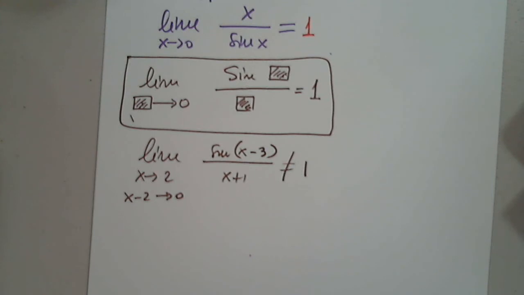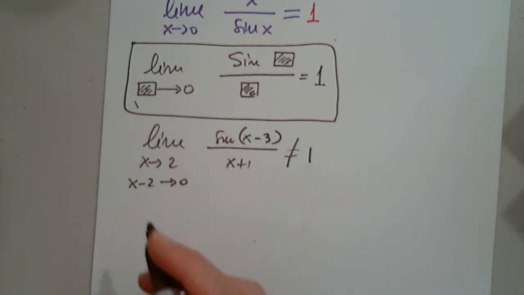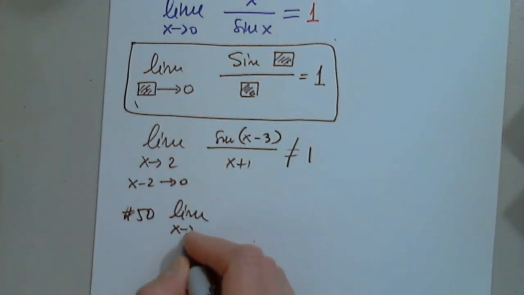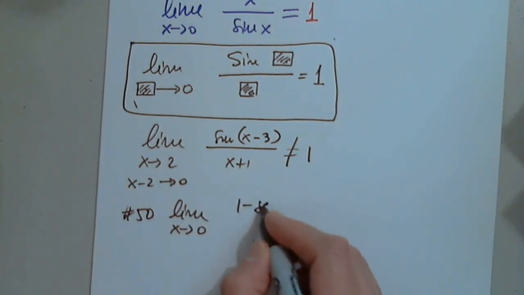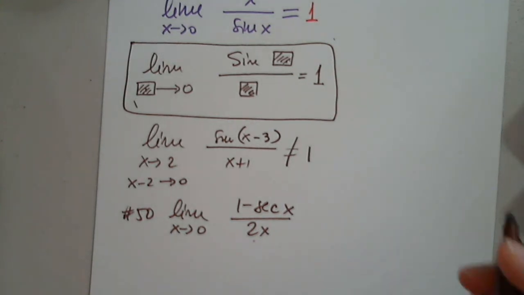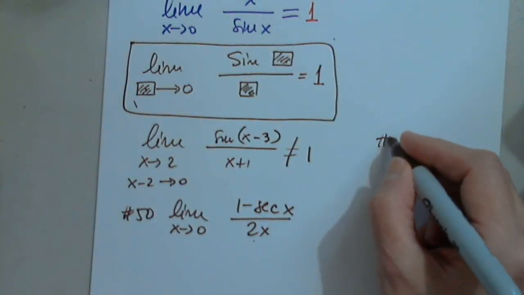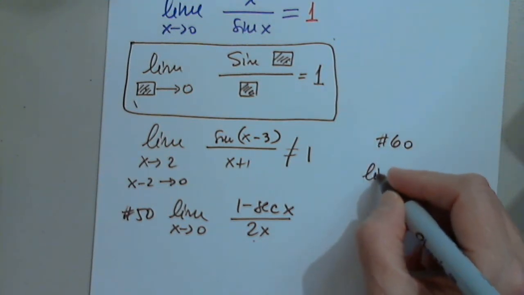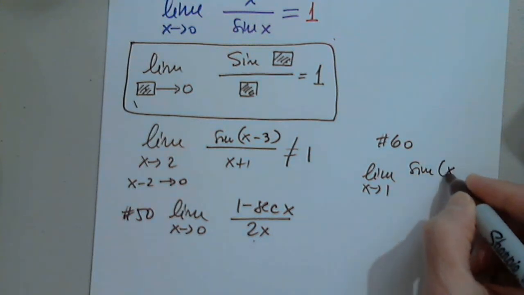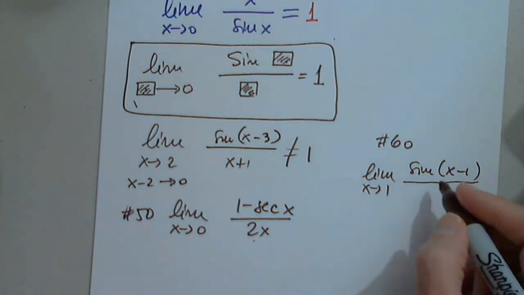Where is it? I see it. Good. So in 50, we have the limit as x approaches 0 of 1 minus secant x over 2x. Then I would like to look at a limit, I will choose, let me write this on the side, like 60. Moving forward, you are allowed to use L'Hopital's rule whenever it's applicable.